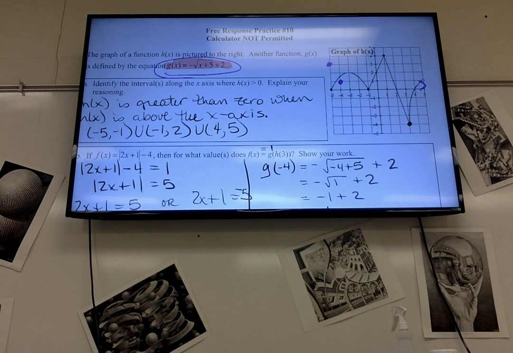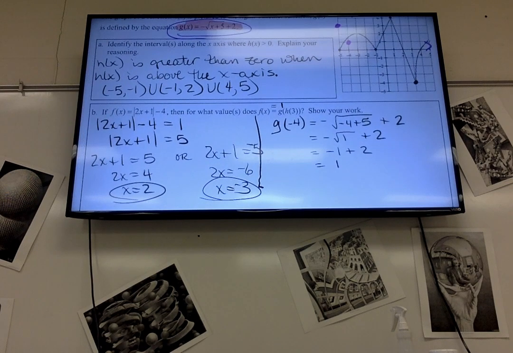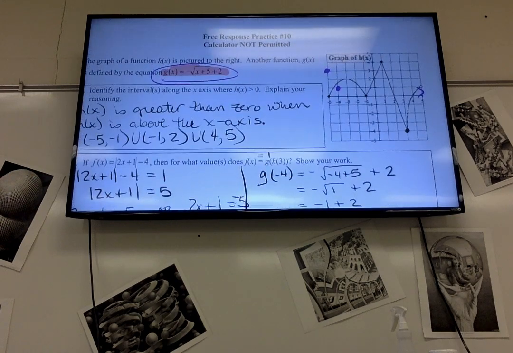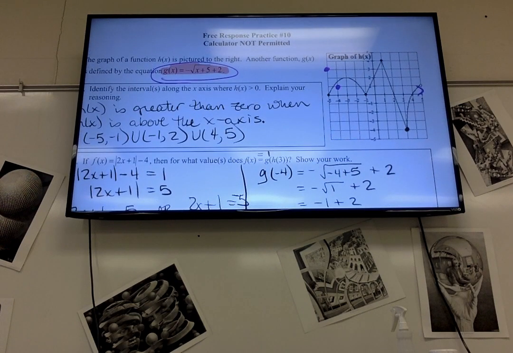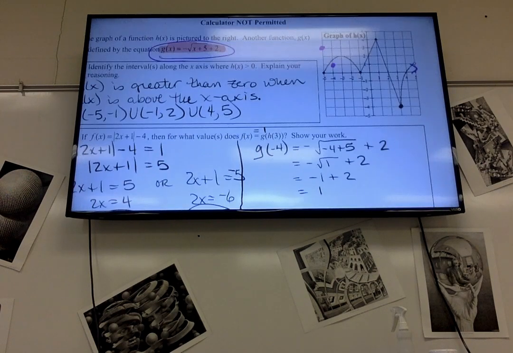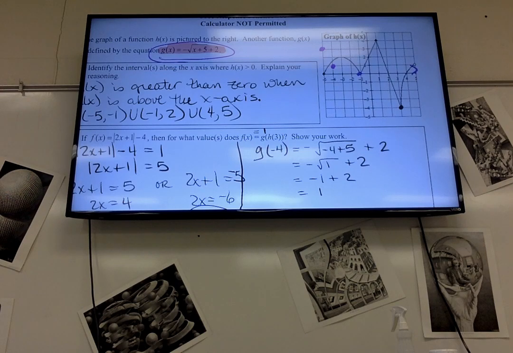So if I plugged in -1, g of -1 means I have square root of 4, so it's -2 plus 2, so that's 0. g of -1 is 0. It actually goes through that point right there.